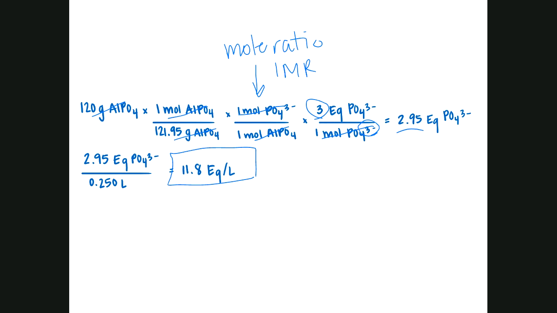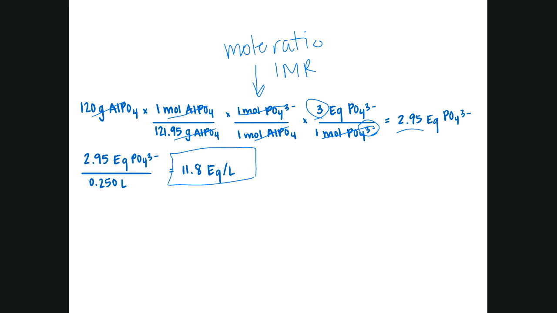And that mole ratio can either be from the balanced equation, those coefficients, or the intermole ratio. In this case, it was the intermole ratio. And then the last step, step 4 of a stoichiometry problem, is to get out of moles and into whatever unit the question asks for. The question asked for equivalence, so we saw that that was a 1-to-3 ratio, and we solved there. All right, so we're just using the topics and the understandings that we looked at in earlier chapters in order to go through and solve these.